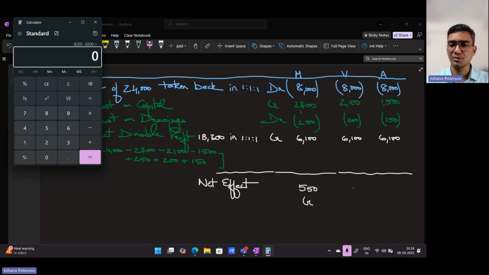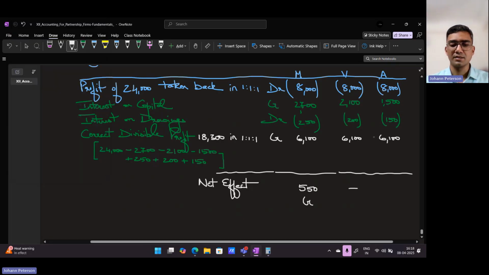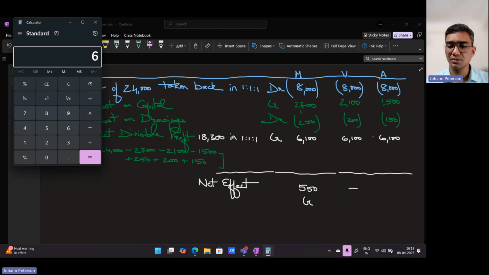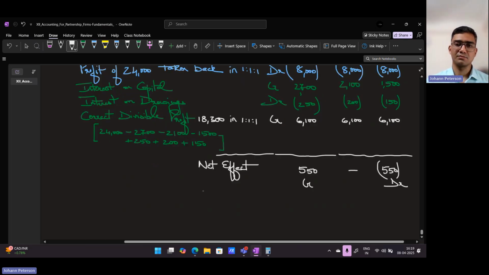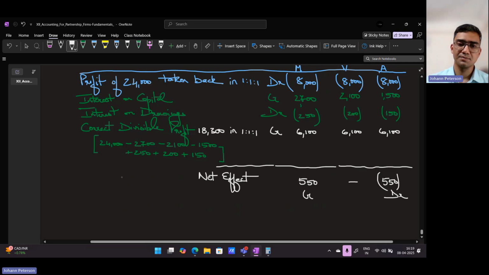This gives us 0. So here I will write nothing. The next one is 6,100 plus 1,500 minus 8,150, which is minus 550, which means debit.